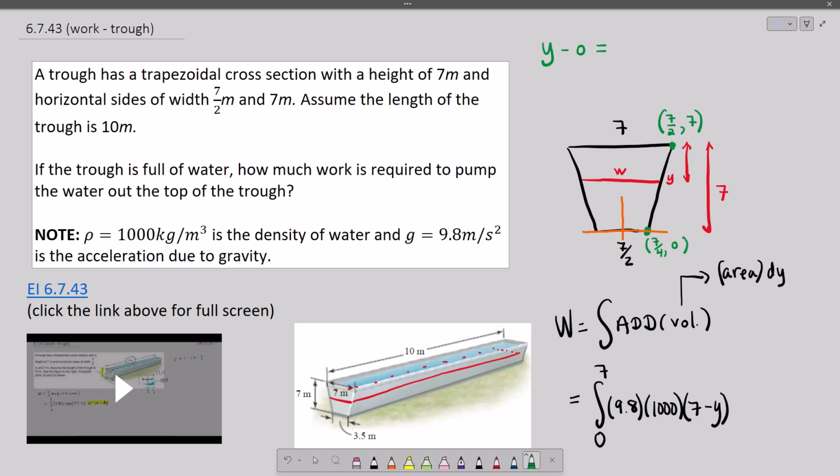So the rise is 7. We're going to go up 7, so 7 divided by the run. So we're going to go up 7 and then over that distance. And what is that distance? So we're looking at that distance right there. 7/4. So it's going to be 7/2 minus 7/4, which is 7/4.